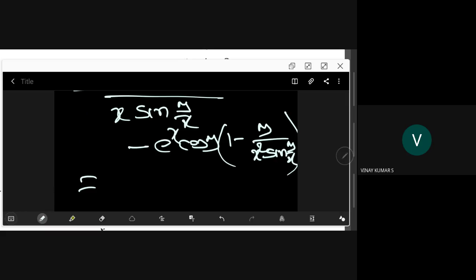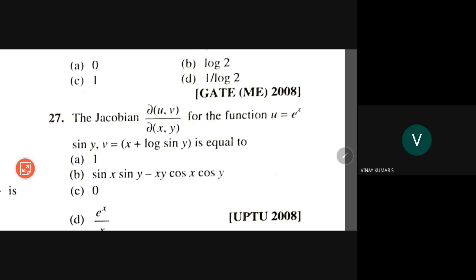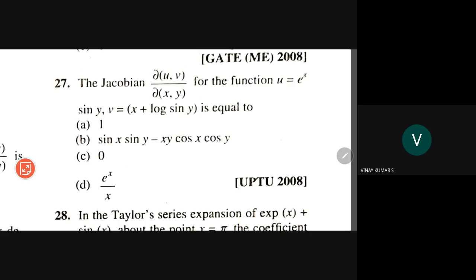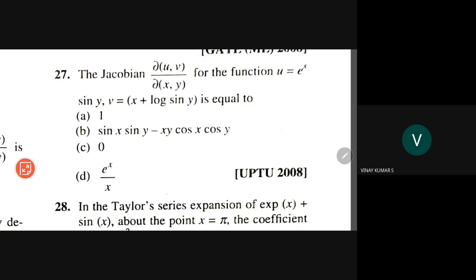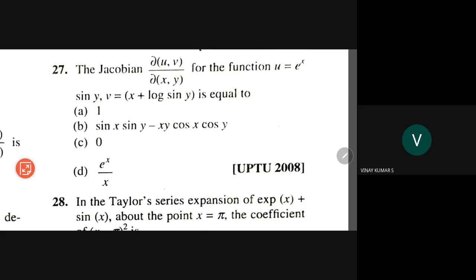It is better to see the choices before going for simplification. I think we require simplification here, right?